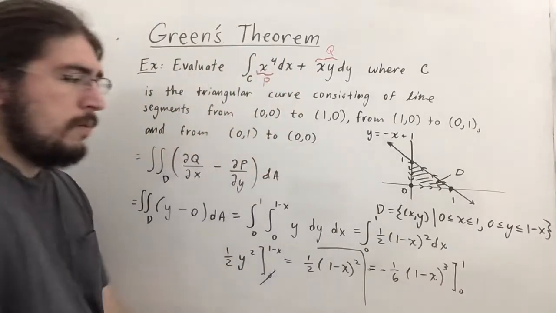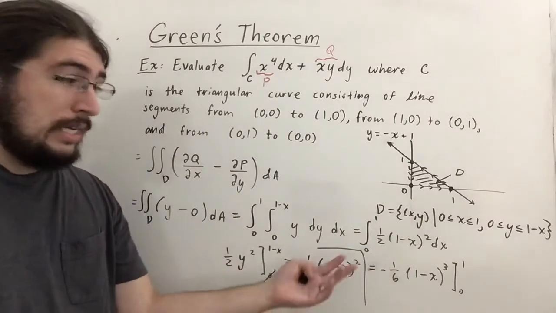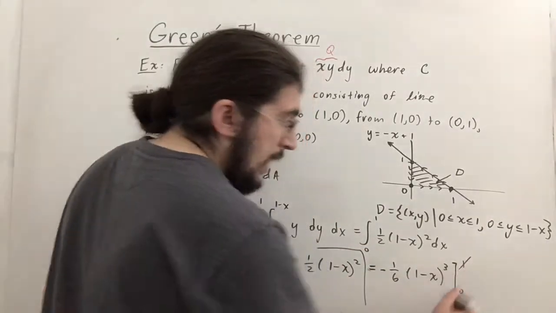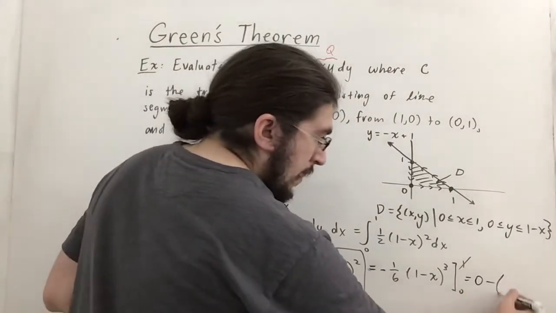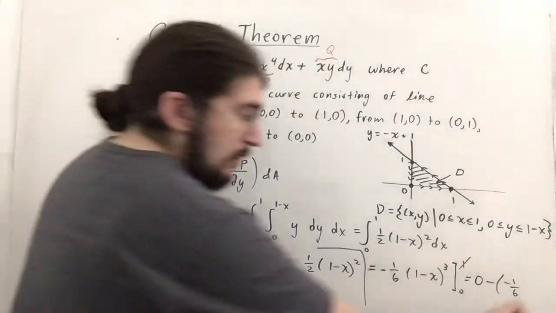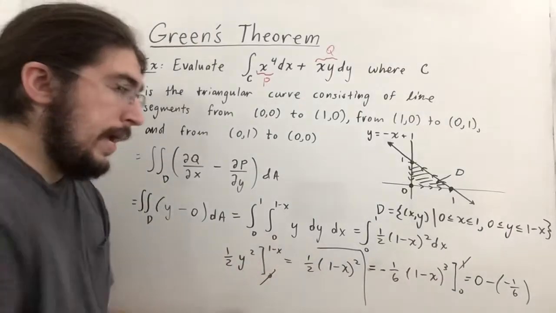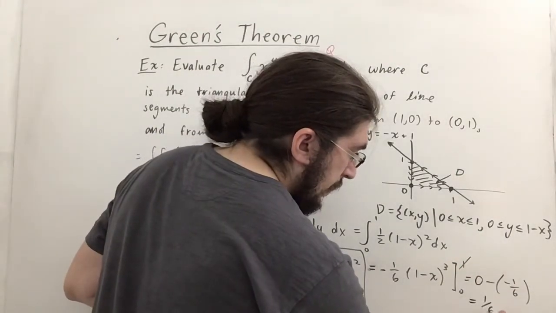Now, when you plug in 0, it's going to be 1 to the third, but when you plug in 1, it's actually going to be 0, because you'll have 1 minus 1 on the inside. So that cancels out, so we end up with a 0 minus -1/6. And 0 minus -1/6 is just +1/6 then.